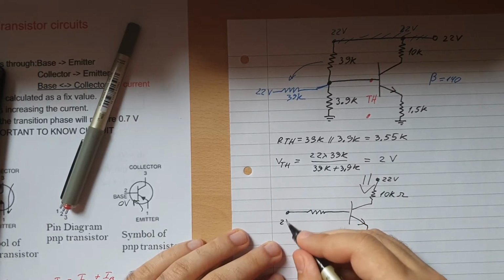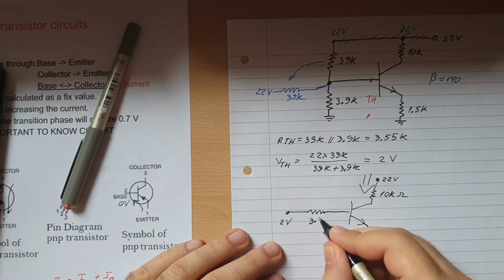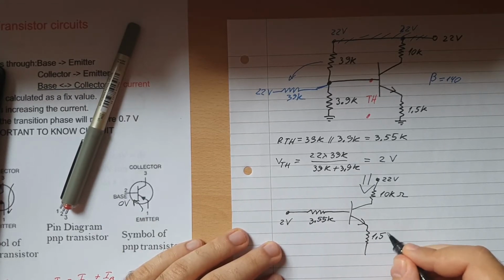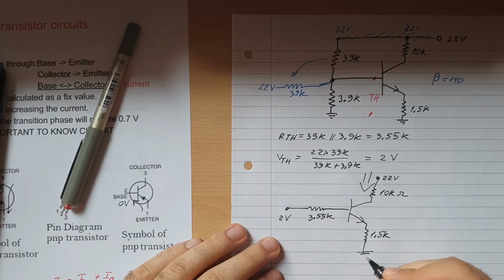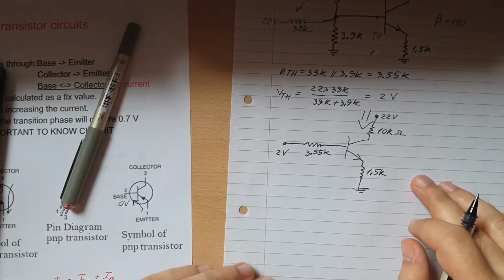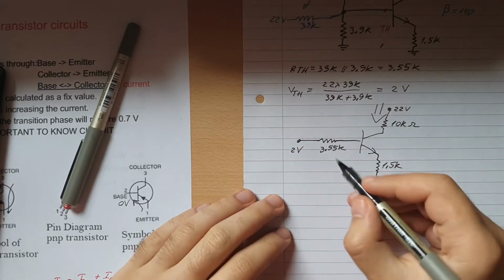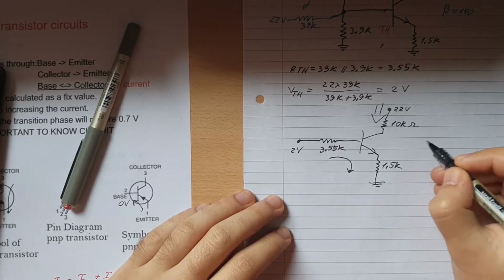This one will be 2 volts and 3.55k. And this one will be 1.5k connected straight to ground. We already simplified the circuit a lot, and now this is really the calculation of a normal simple circuit, so we can just do a loop here and a loop here.